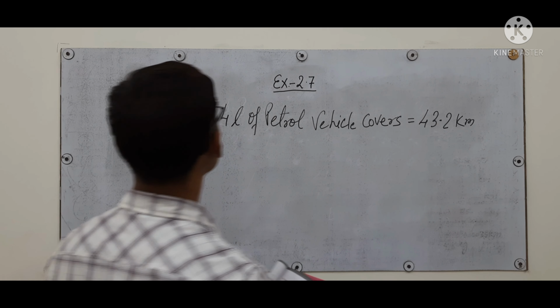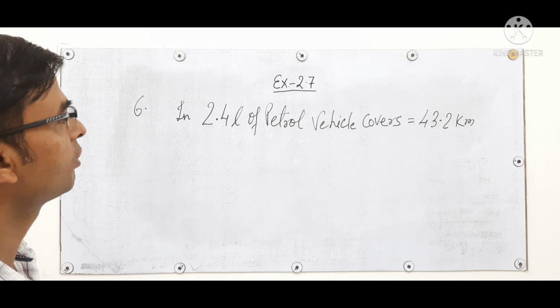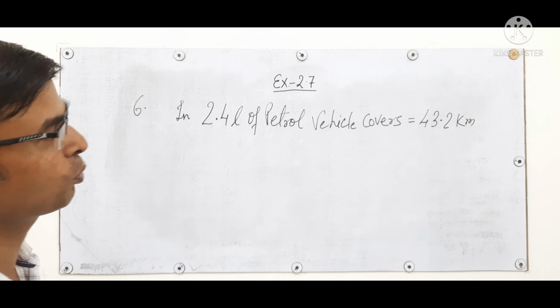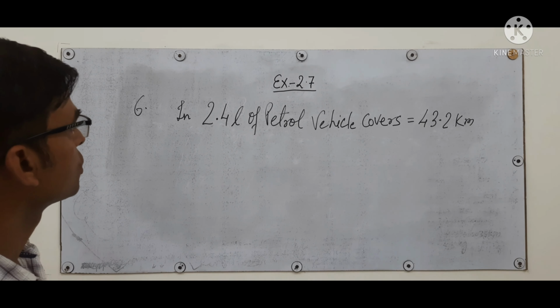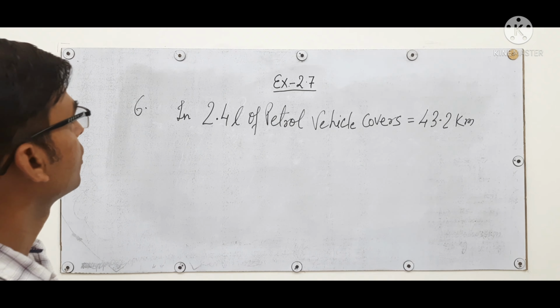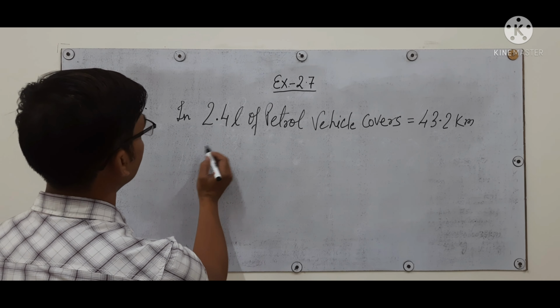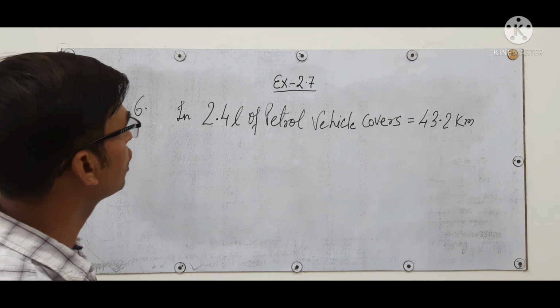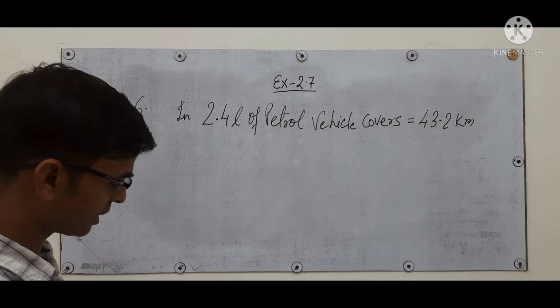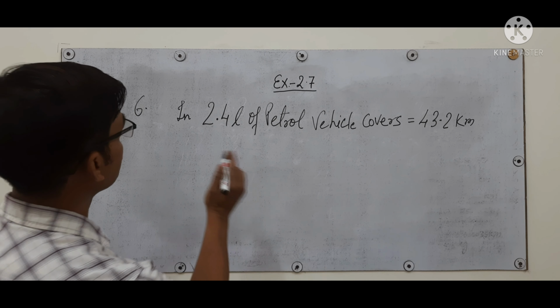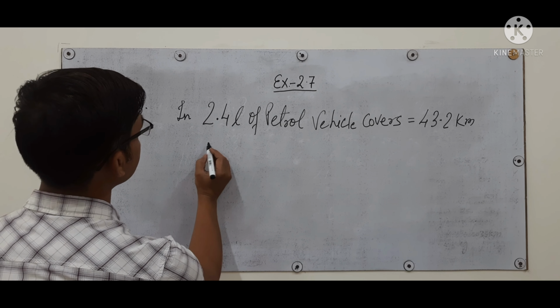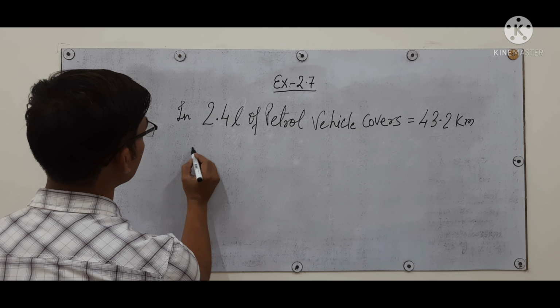That is, in 2.4 liters of petrol, the vehicle covers a distance of 43.2 kilometers. So now what will we do? Yes, we will find how much distance it covers in 1 liter of petrol. So what will we do? Yes, correct. We will just divide it by 2.4.